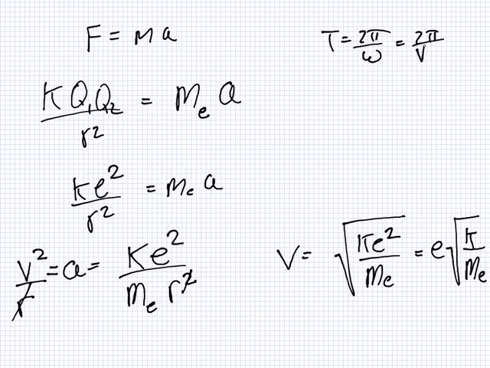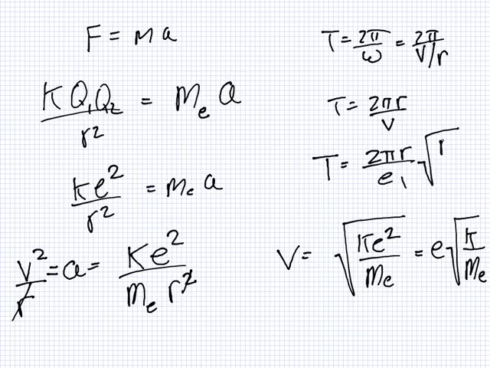Yeah. So T is 2 pi R over V, and we have the V here. So T is 2 pi R over V, over e with the root. And because the root's a fraction, it just gets flipped upside down.